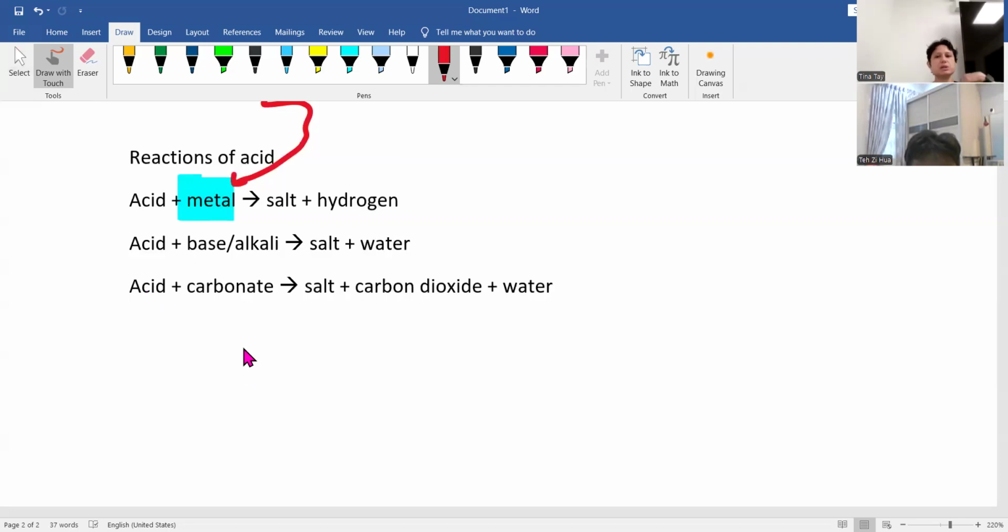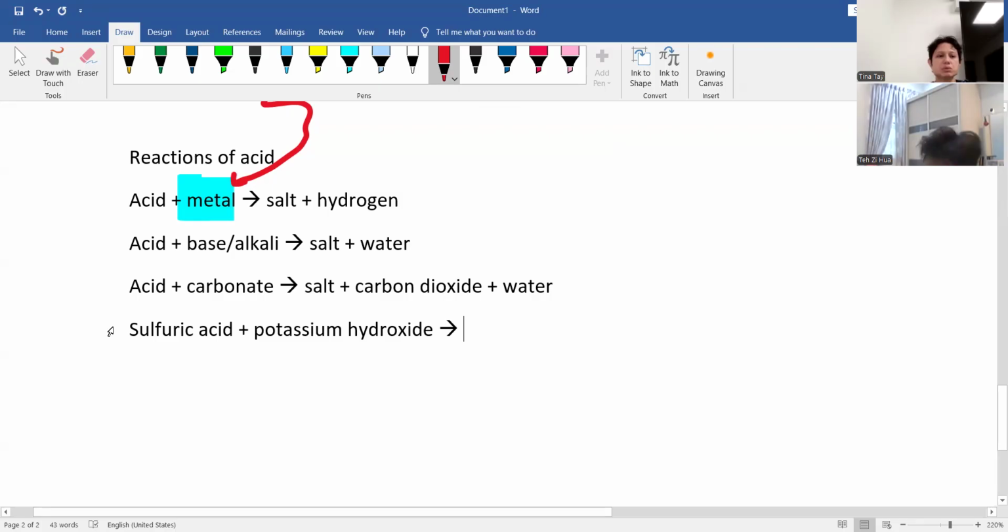Now, I want you to write down, change these word equations to chemical equations. Remember all your positive and negative ions.